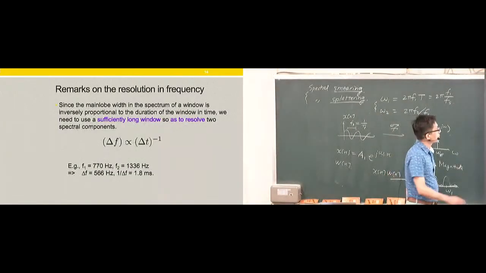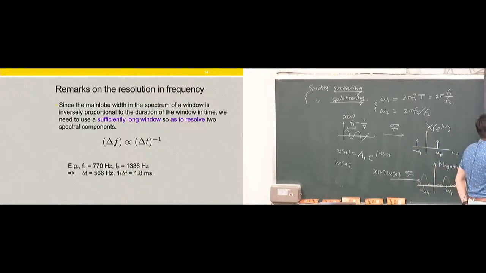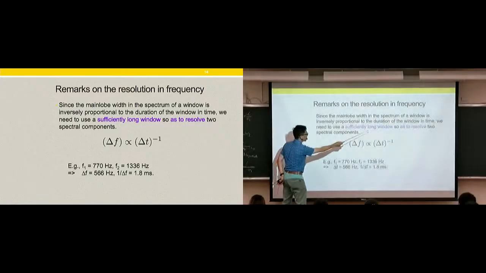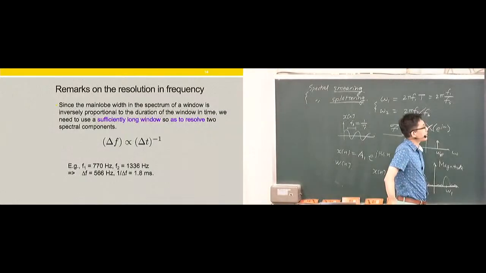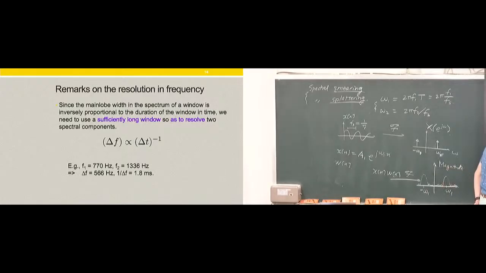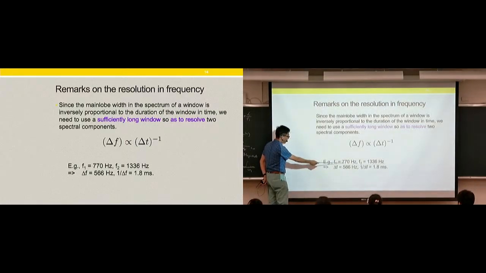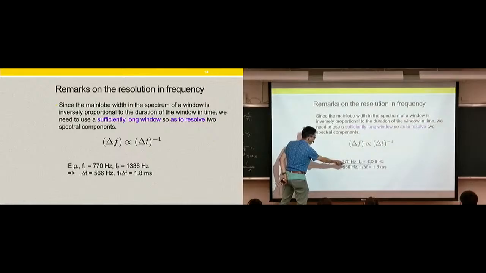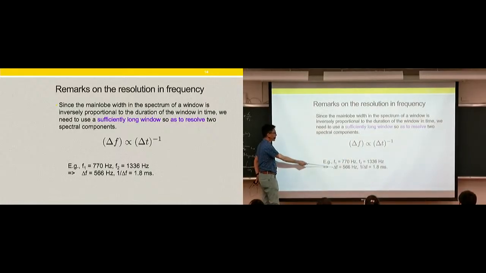So therefore, let me just read it first. Since the main lobe width of a window is inversely proportional to the duration of a window in time, we need to use a sufficiently long window to resolve two spectral components. Okay? So here's an example. If F1 is, in our example, 770, F2 is 1336, then delta f, the frequency separation, is 566 hertz.